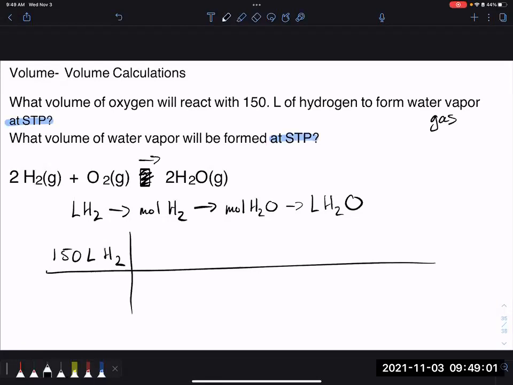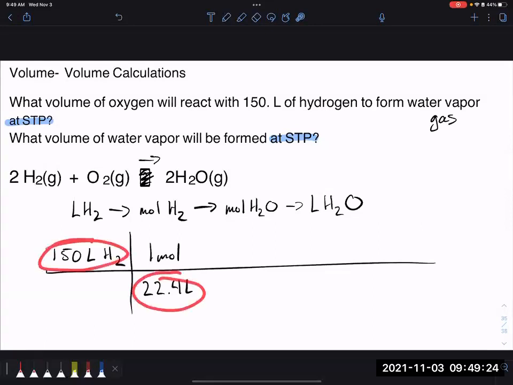So how do we convert 150 liters of hydrogen gas to moles of hydrogen gas? The number 22.4, yep. 22.4 liters, 1 mole. And I know that we're dividing by liters here because we're starting with liters, so that way those units cancel. Okay, so now I should write this in here, moles of H2.